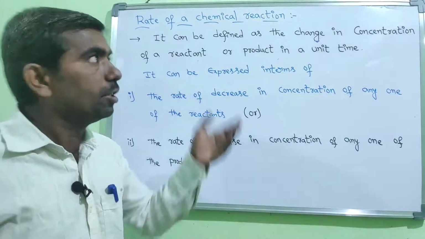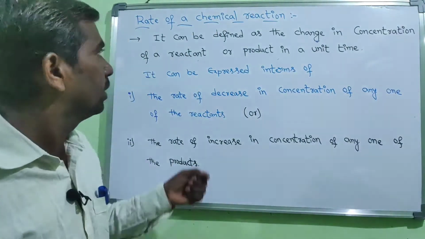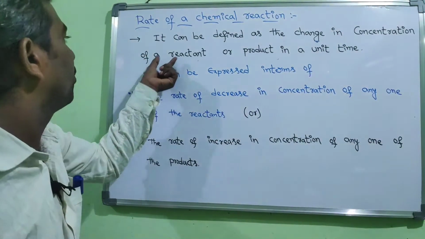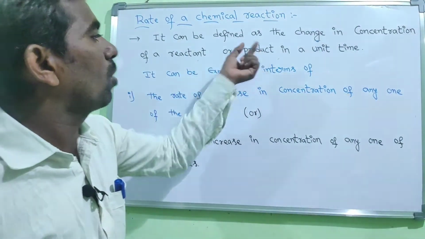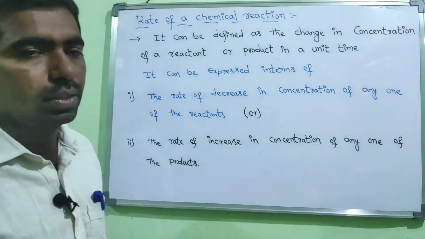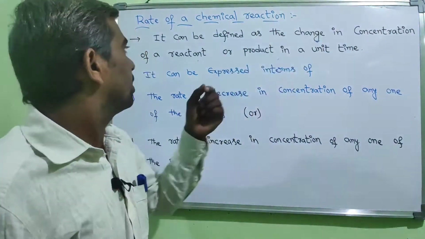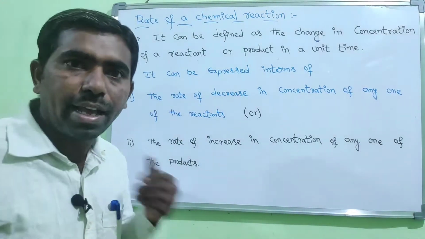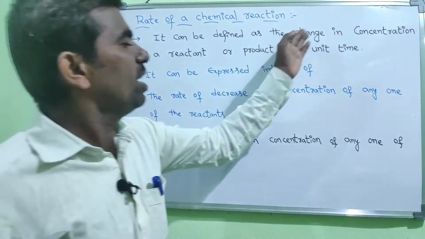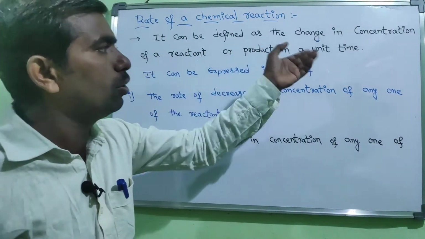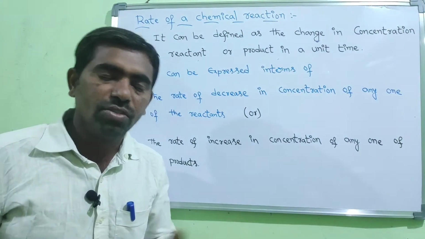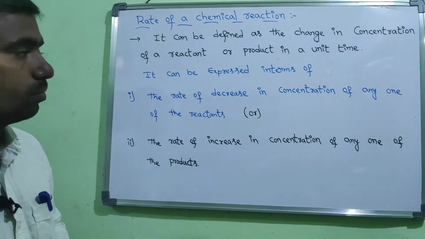Now I am explaining the definition of this one. It can be defined as the change in concentration of a reactant or product in a unit time. The change in the concentration of a reactant in a unit time is called the rate of a chemical reaction, or the change in concentration of a product in a unit time is also called the rate of a chemical reaction.